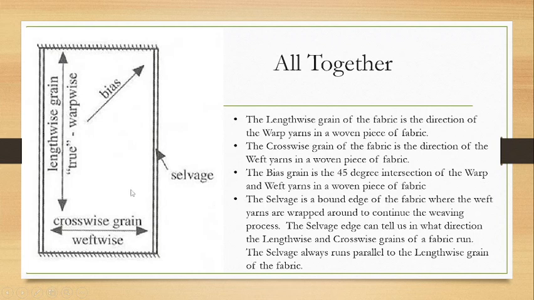And what happens is all those wrapping arounds create a lovely little bound edge along the side of the fabric. And we'll always have two selvage edges for a woven fabric. So here's one of them, and here is the other one.